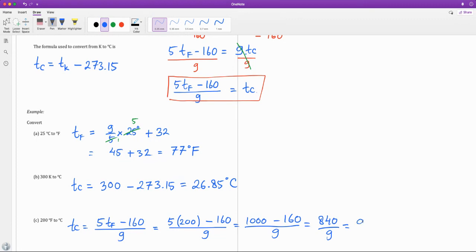It's 93.3 degrees Celsius, to 3 significant figures.